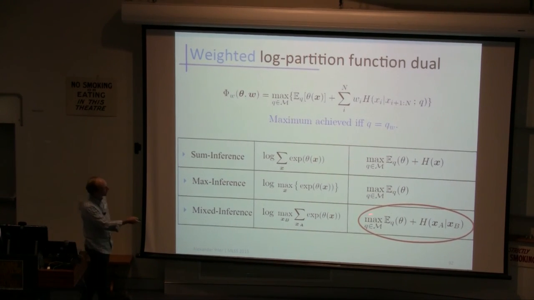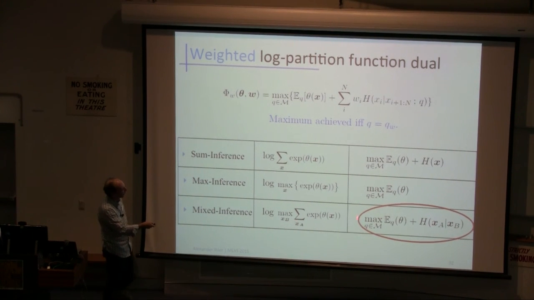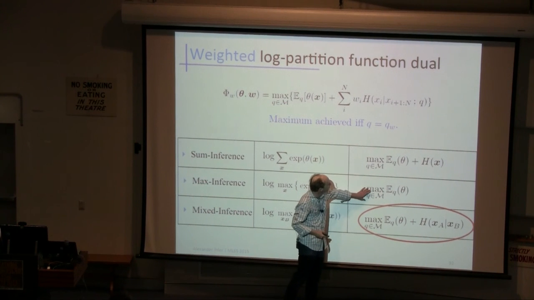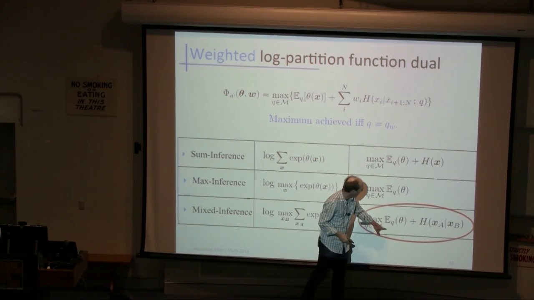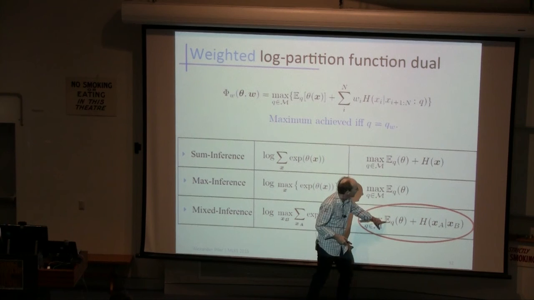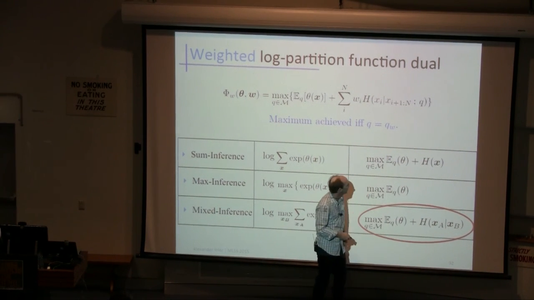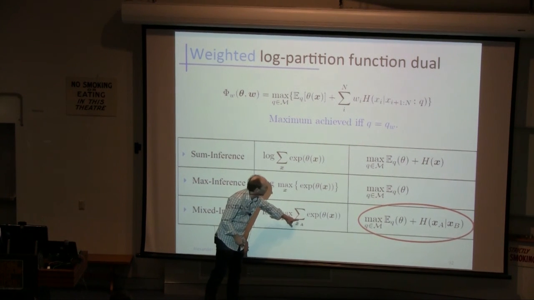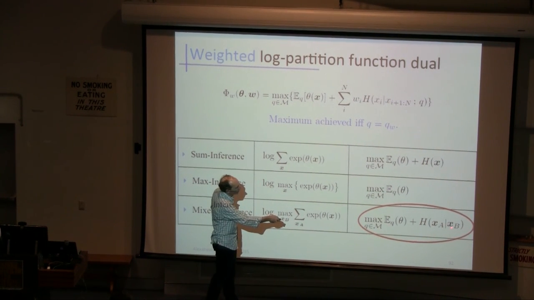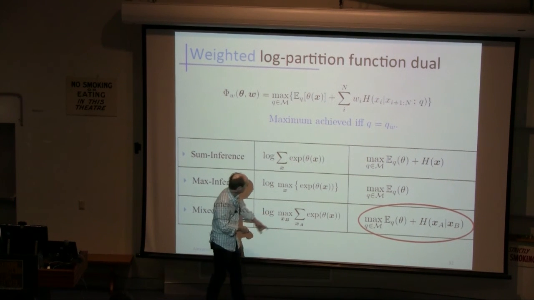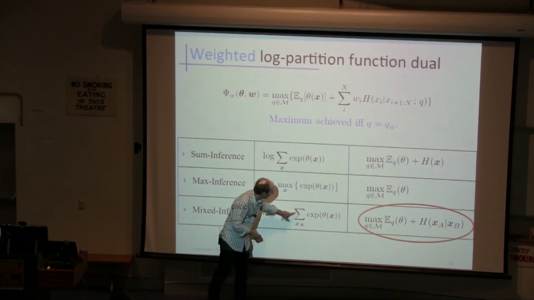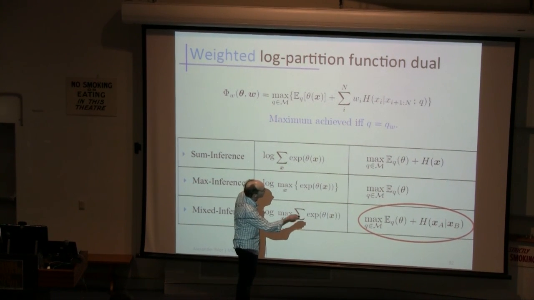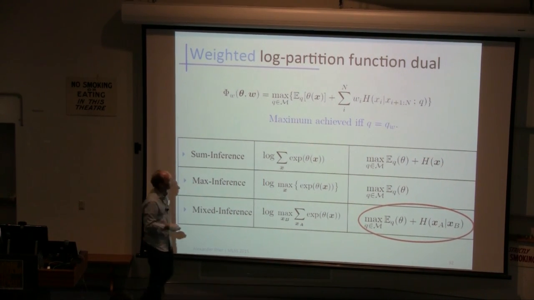And so what you find is you can get a variational form for mixed inference problems that actually generalizes the two forms that I gave. So it's still an expectation over theta, but now of a conditional entropy. So if we were maximizing over everything and summing over nothing, then this conditional entropy would just go away. And if we had no maximization variables and all of our sum variables were the whole system, this would just be H of A, so the joint entropy.